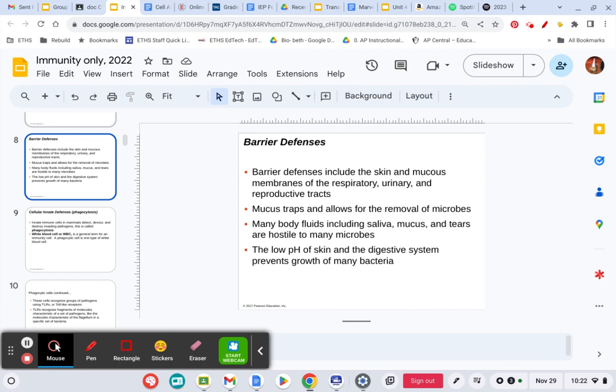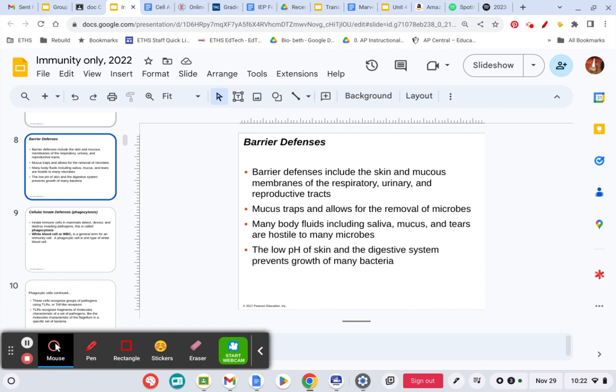There's mucus. That mucus traps the bacteria, and then you cough it out, you sneeze it out, you remove it that way. With your eyes, you have bodily fluids. When they tear up, they're going to get rid of dust and dirt and any bacterial or viral thing that could be poking around in there as well.